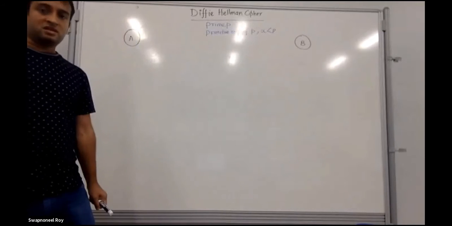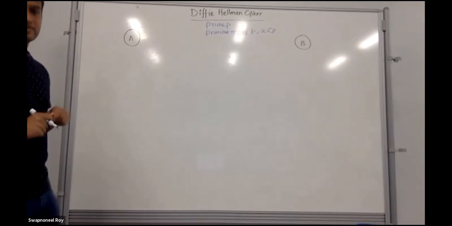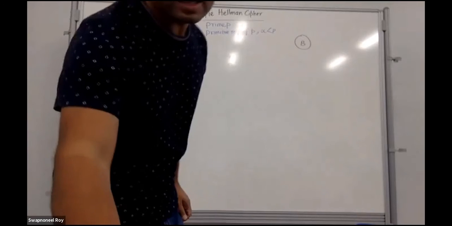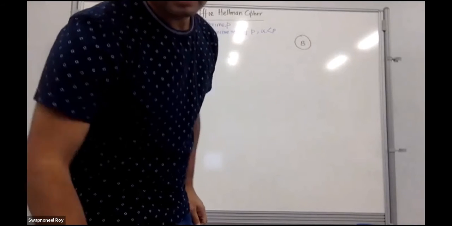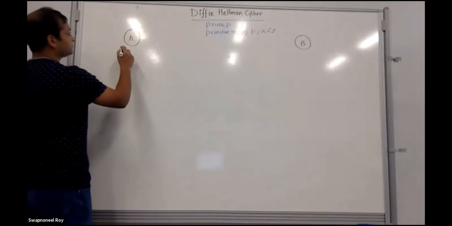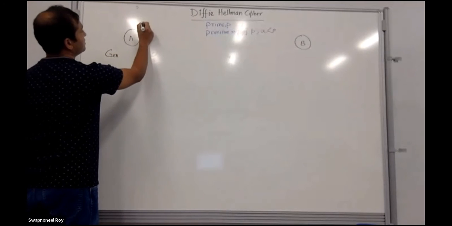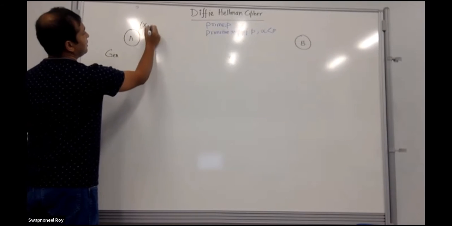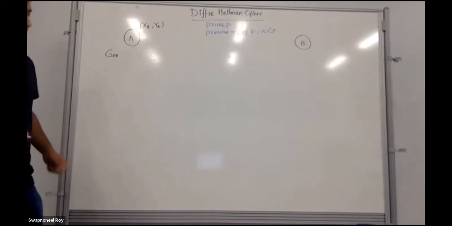And here is how this works. Alice will first select her own private key. Her private key will be XA and her public key will be YA. Let's just name it that way.